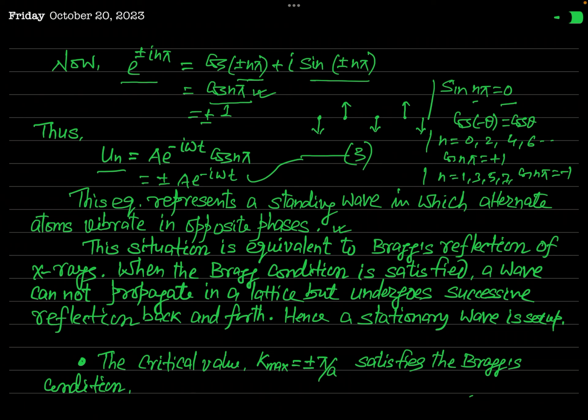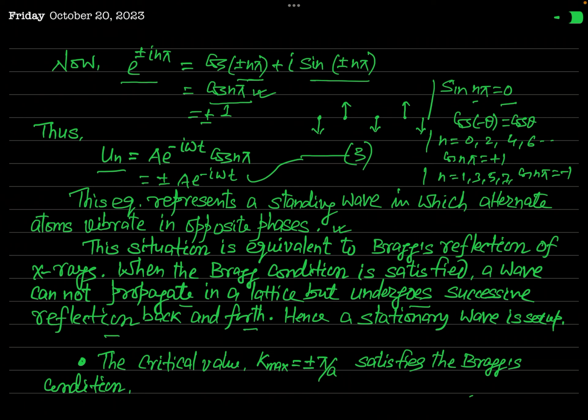Actually, you have learnt in very much detail in my previous lecture the concept of Bragg's reflection. This formation of a standing wave is just analogous to the Bragg's reflection of X-rays, because when Bragg's condition gets satisfied, a wave cannot propagate in a lattice, but it undergoes successive reflection back and forth.